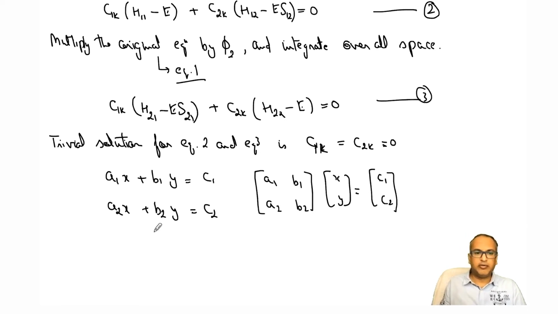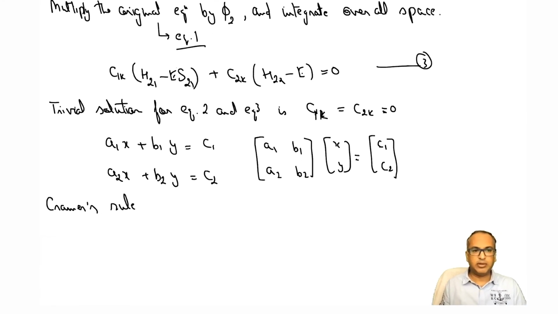In this case, we can apply Cramer's rule. You must remember Cramer's rule from your class 11th, when matrices and determinants were used, and you would have solved a set of linear equations using Cramer's rule, right?